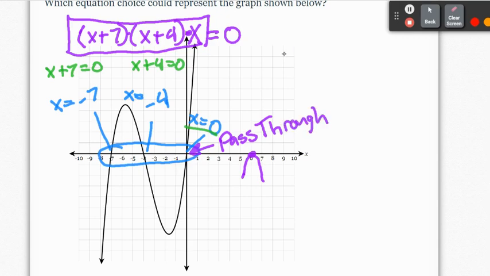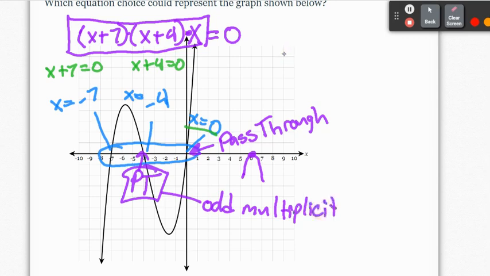Okay, any PTs, any pass-throughs, have a single, or they have an odd multiplicity of that root, which means it's an odd multiplicity on the factor. So on the root, and then on the factor.